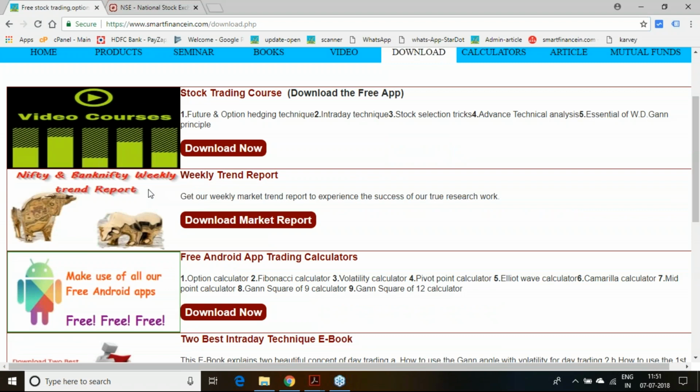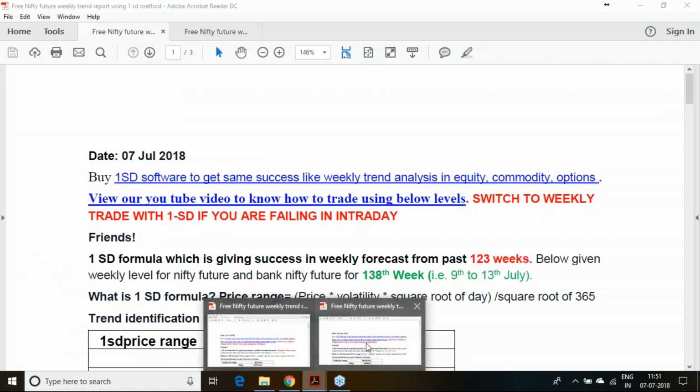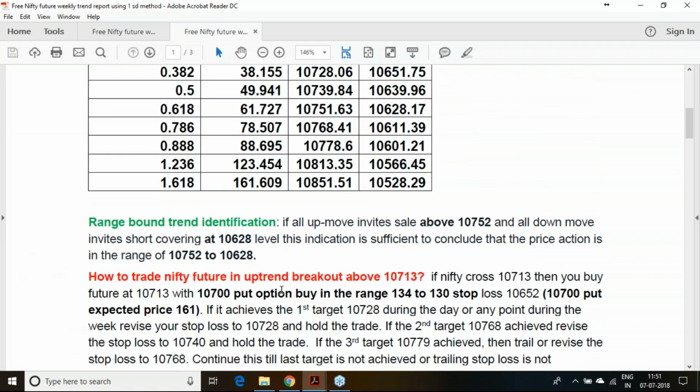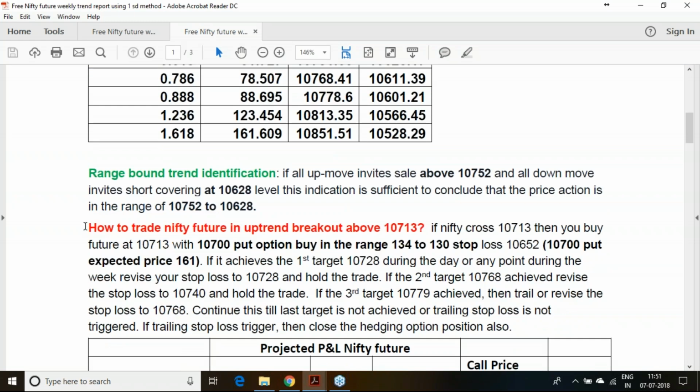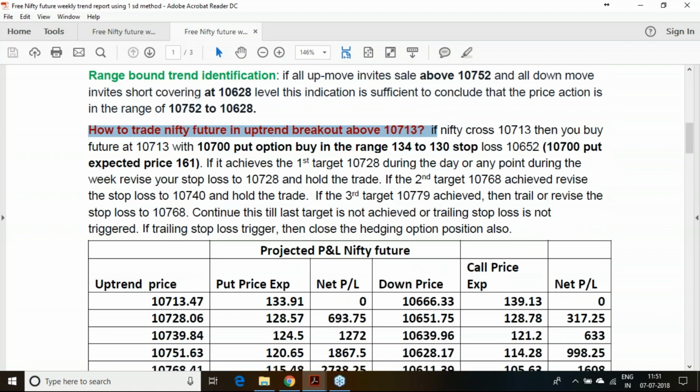In the report you are downloading, I have given clear-cut instructions on how to trade. What is the process of trading in that? I have given an elaborate discussion on how to trade Nifty futures if the uptrend breakout is given, and how to trade if the downtrend breakout is given.